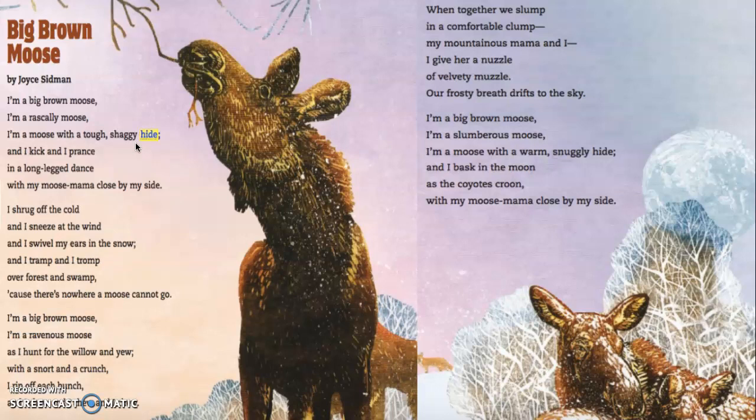Our frosty breath drifts to the sky. I'm a big brown moose. I'm a slumberous moose. I'm a moose with warm, snuggly hide. And I bask in the moon as the coyotes croon, with my moose mama close by my side.